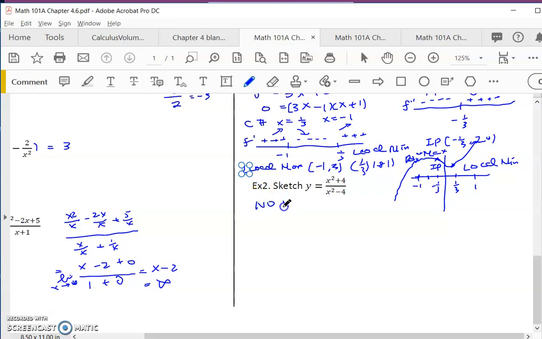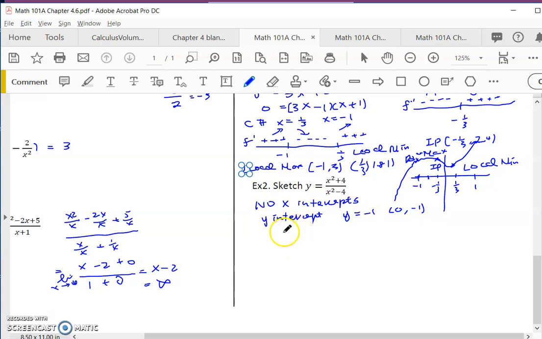It does not cross the x-axis, because when you set it equal to 0, there's no solution. What about the y-intercept? You plug in 0, so that would be 4 over negative 4, so the y-intercept is y equals negative 1, so it's (0, -1).